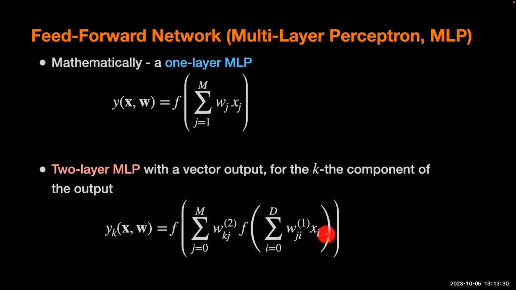I can take some X and do some linear stretching and shifting. Remember, the W here also includes the bias term. If you look at this as WX plus B, this has the stretching and also the shifting parts. And then I take a sigmoid function, and then I sum up all the sigmoid functions with some arbitrary weights.